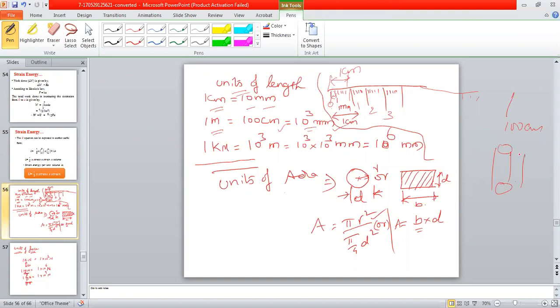I need the length unit either in centimeters, mm, or meters. The last one is kilometers, but our problems will not have any kilometers. Therefore, 3 units need to be prepared: millimeter, centimeter and meter. These are the 3 different units for length.